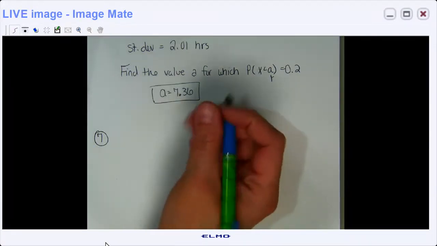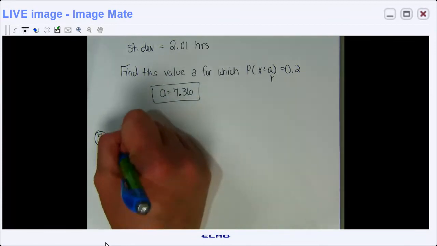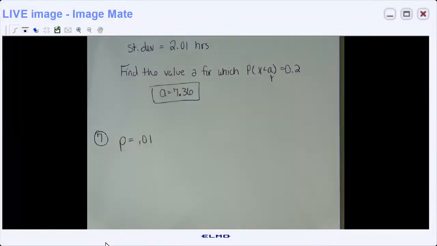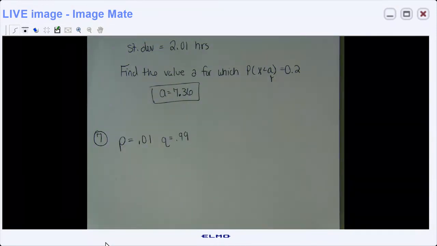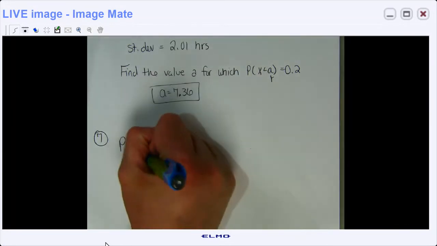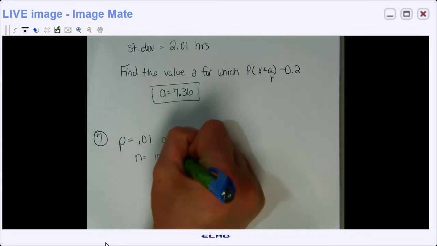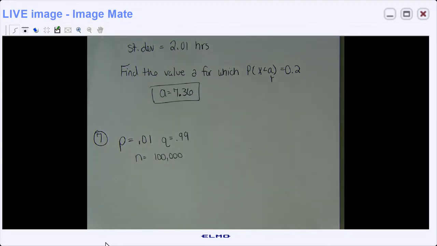Right away, I know that my P is 0.01. That's the percentage given in the question. That means that my Q is going to be 0.99. When I'm working with a binomial, I know I need my P and my Q, and I know that I need my sample size, which would be 100,000.